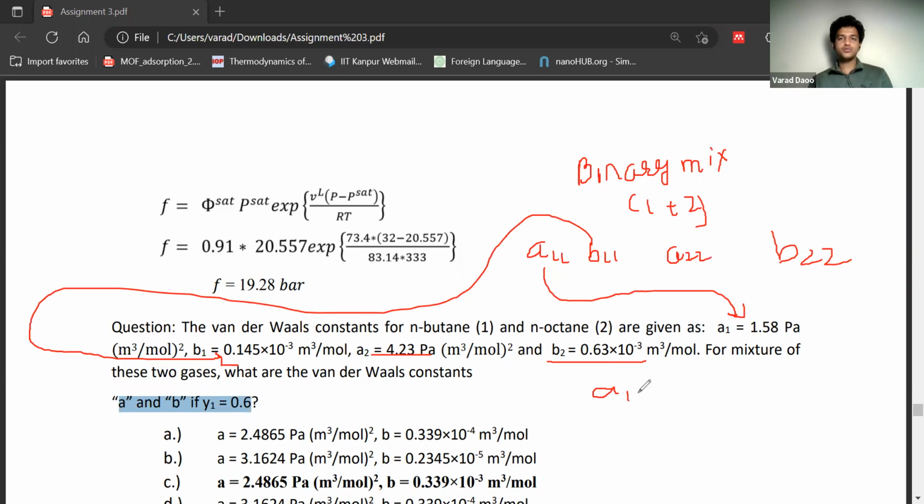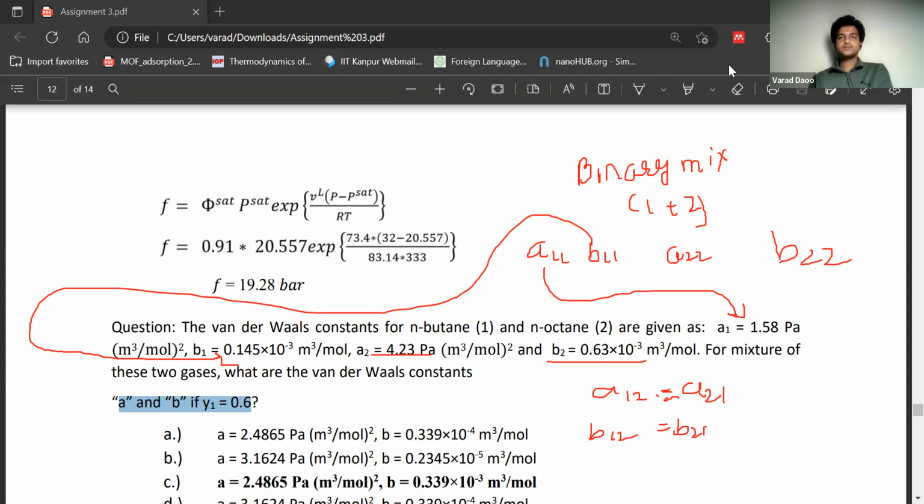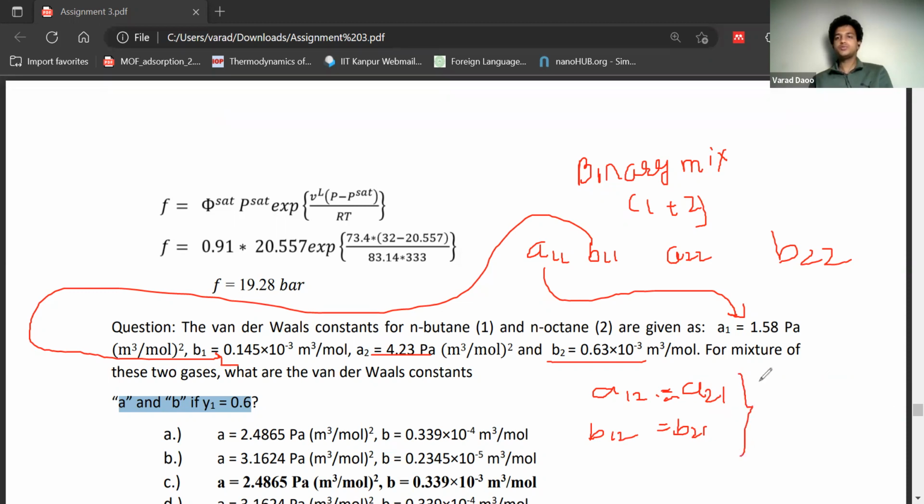What we are asked to find is A12, which is equal to A21, and B12, which is equal to B21. Remember, usually the mixing rule we use for this is the Lorentz-Berthelot mixing rule, the LB mixing rule. You have to remember the expression.